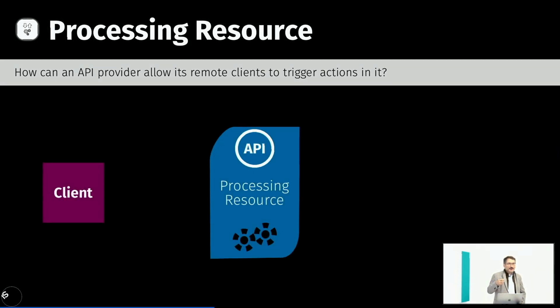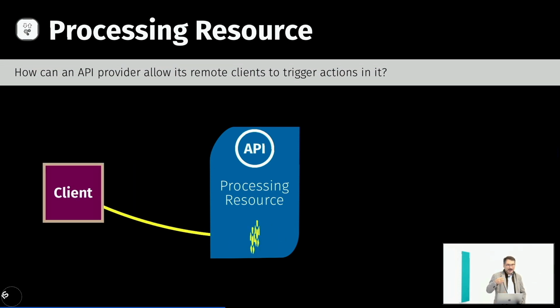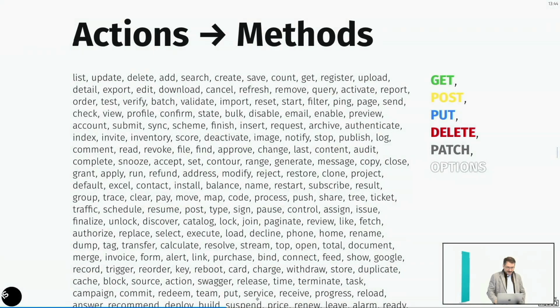A processing resource is needed when the client is relying on the API to perform some processing, some action. So the client comes, it calls the API, it works, and then it gets back the result. To identify the action that you want to perform, you have a little problem. You have English, in which there are hundreds of different verbs, and you have HTTP, which only has 8.